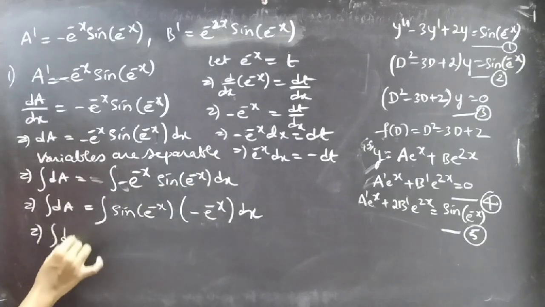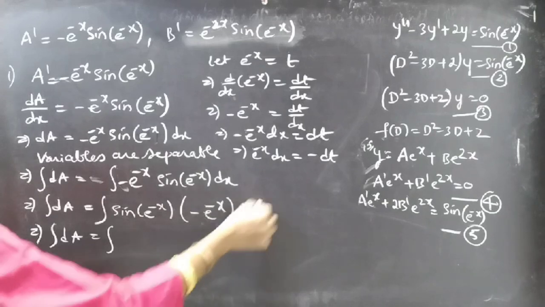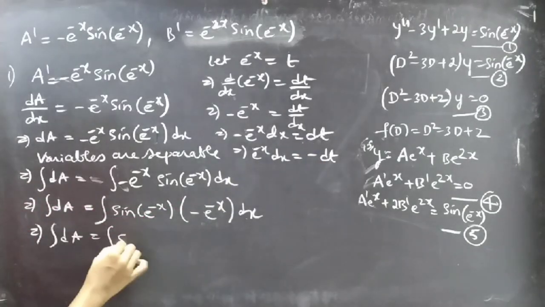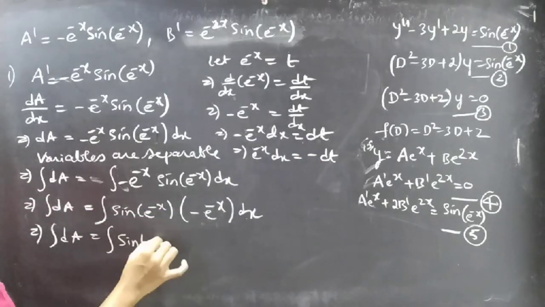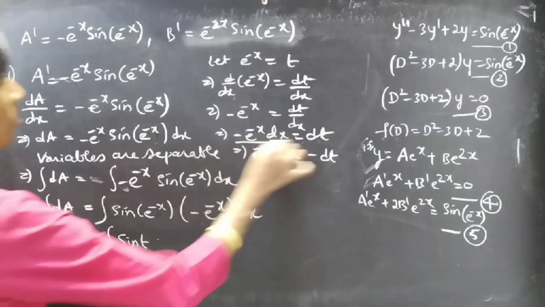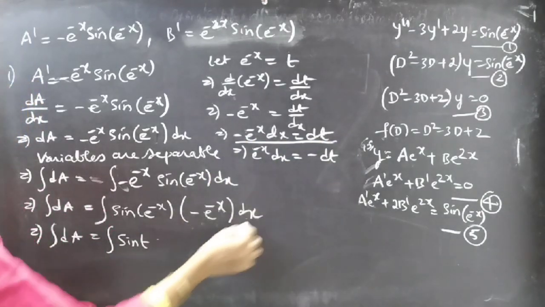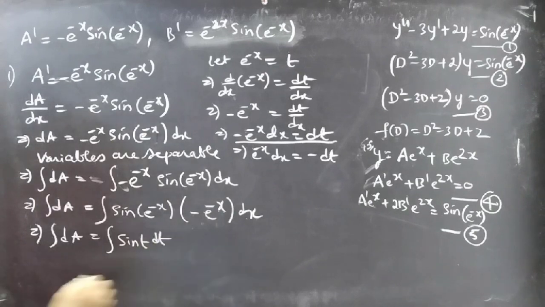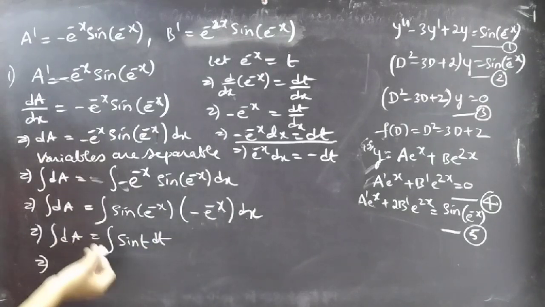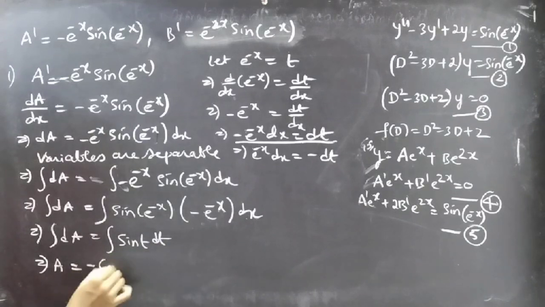This gives us integral dA equal to, just replace e power minus x with t and minus e power minus x dx with dt. Then we'll get sine t into dt. Since we know that integral dA is a, this equals integral sine t dt, which is minus cos t plus some integral constant, say c1.